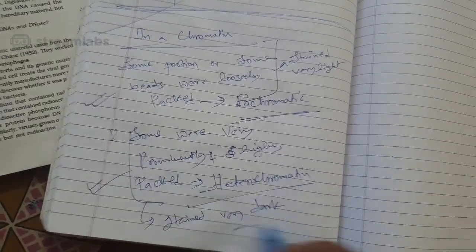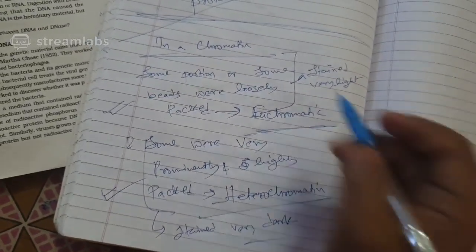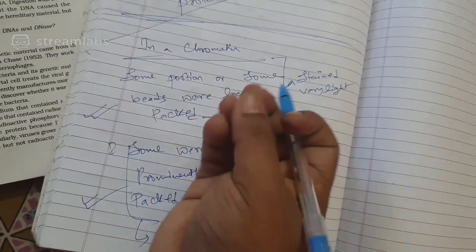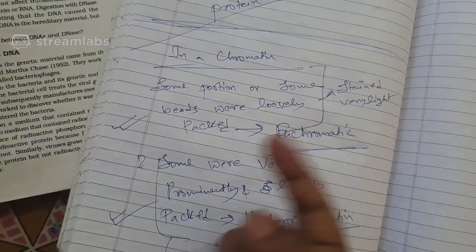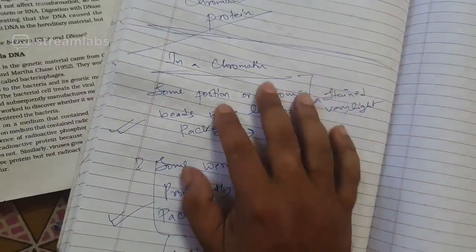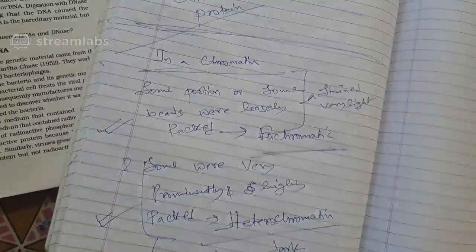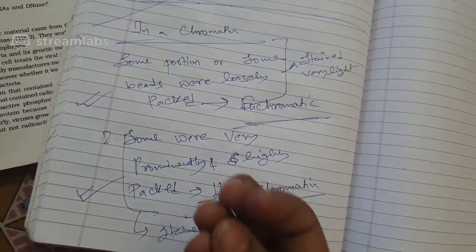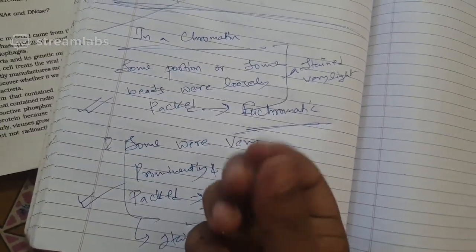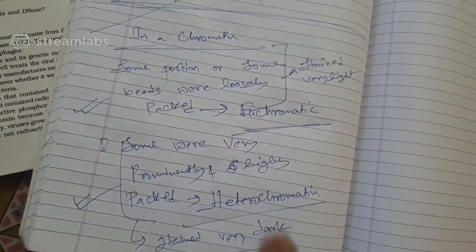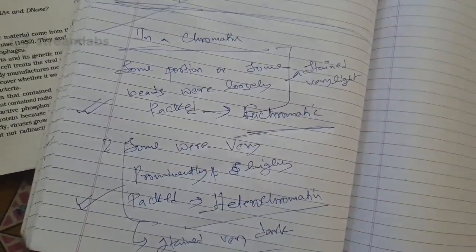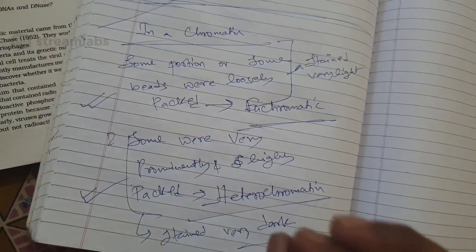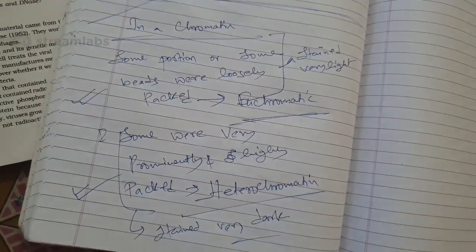Now it is very obvious that the accumulation of the NHC protein, the histone proteins, and the coiling up is much looser. That's why it is staining light. And here the coiling is much tougher and higher. That's why it is much more condensed, and the stain enters and gets trapped even more. More amount of the stain is trapped. That's why it is staining dark.